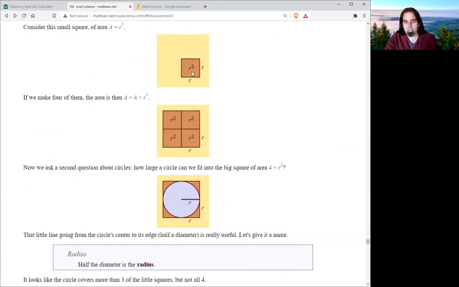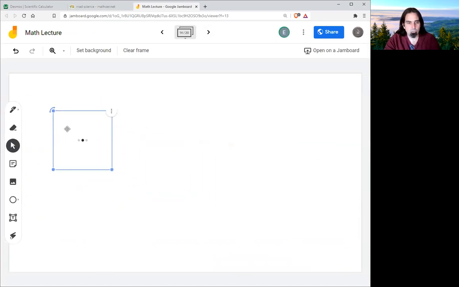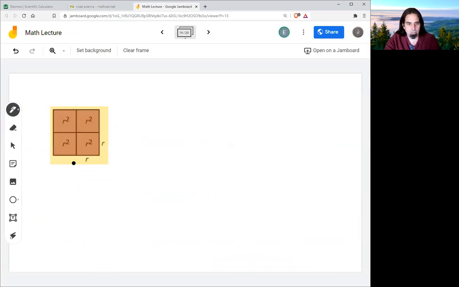Then I photocopy it 3 times. So I have 4 boxes. So this whole thing is 4 r squareds. Right? 1 r squared, 2, 3, 4 of them.